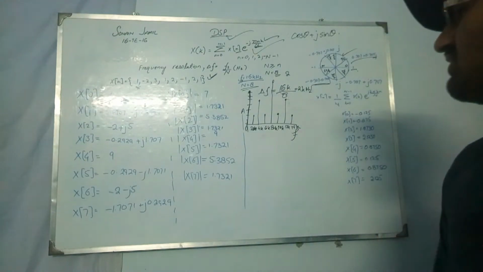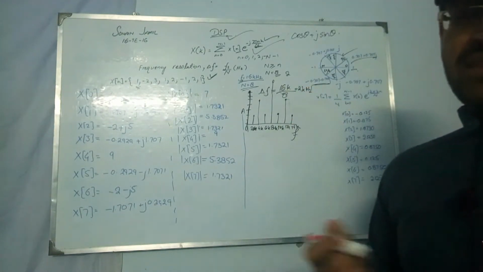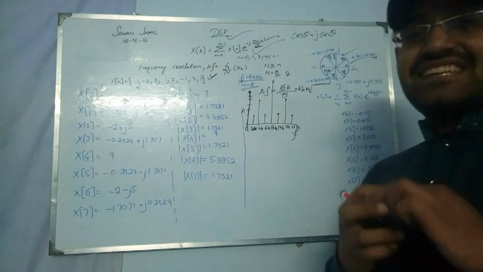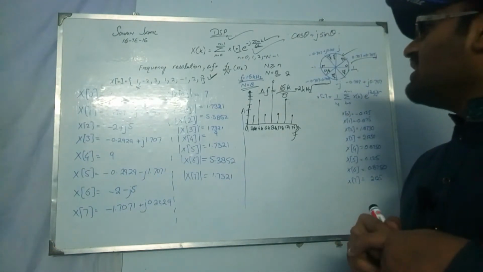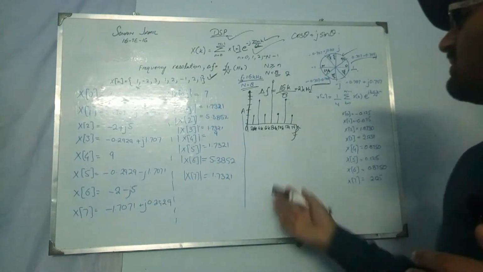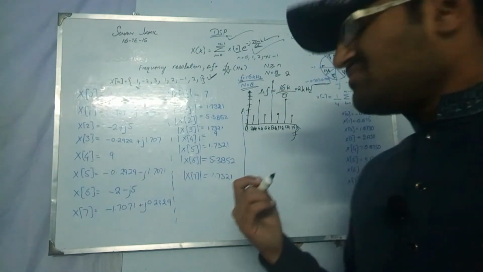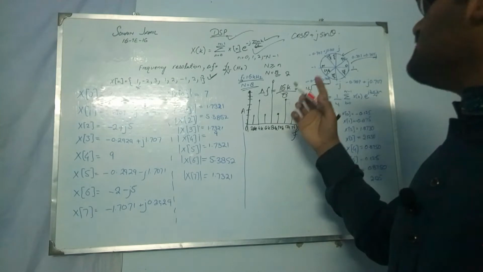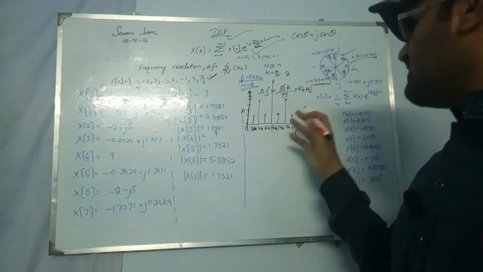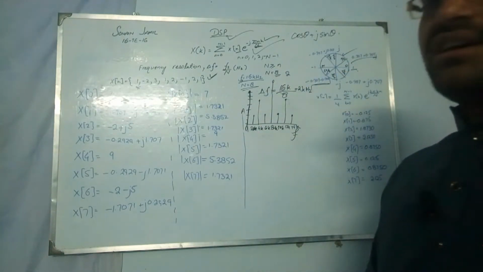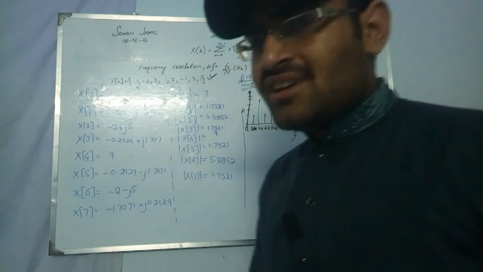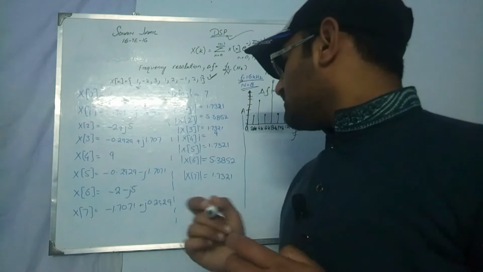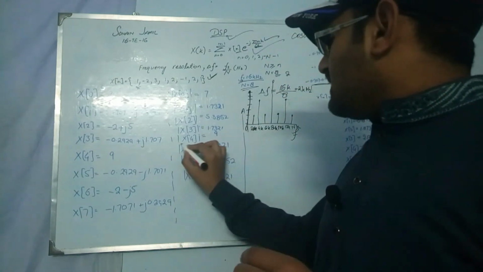Now what will happen if I want to filter out the frequencies that are greater than 6 kilohertz? I want to apply, let's suppose, a filter of 6 kilohertz. I just want to pass the frequencies that are below or equal to 6 kilohertz. What will happen?